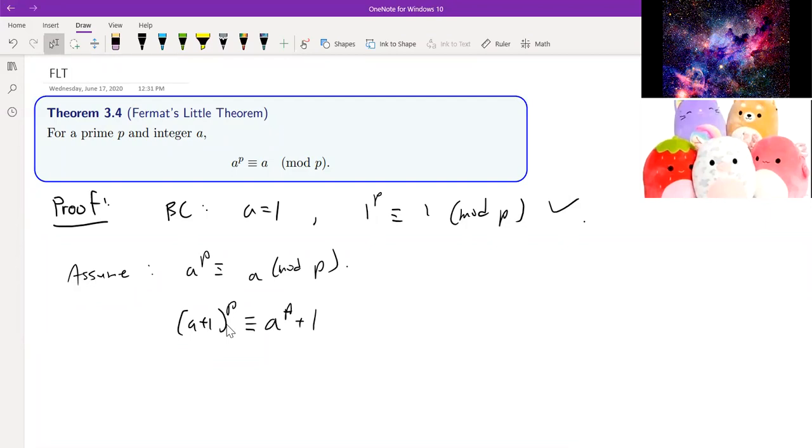And by our inductive hypothesis, the assumption we made right here, a^p is congruent to a mod p. And so this is just congruent to a+1 mod p. And so we've proven the next step, which is for a+1. And thus, we can end our induction, and we've proven this theorem.